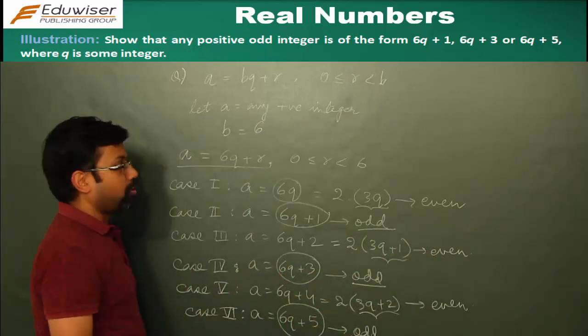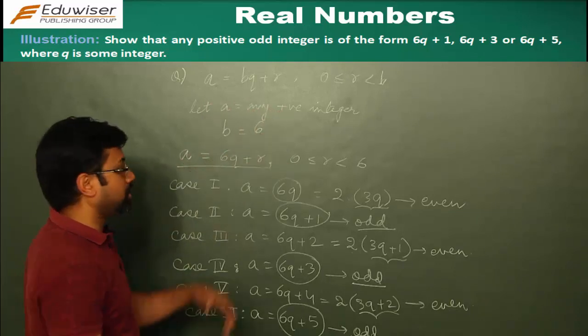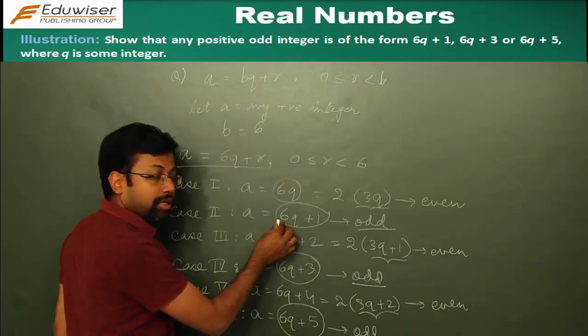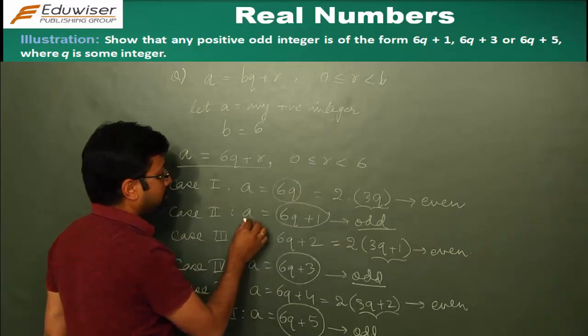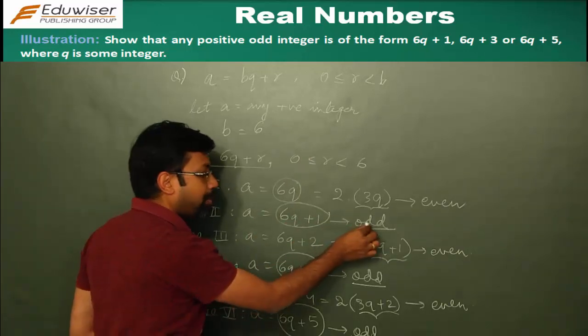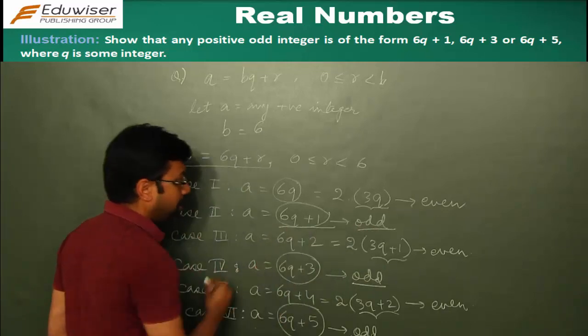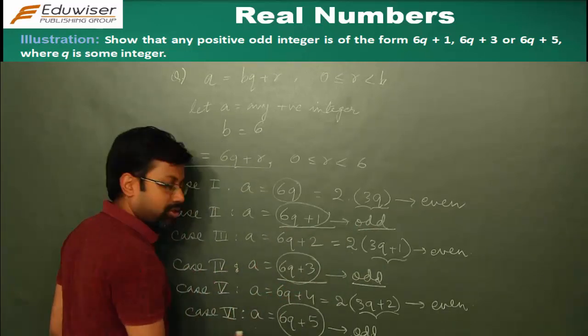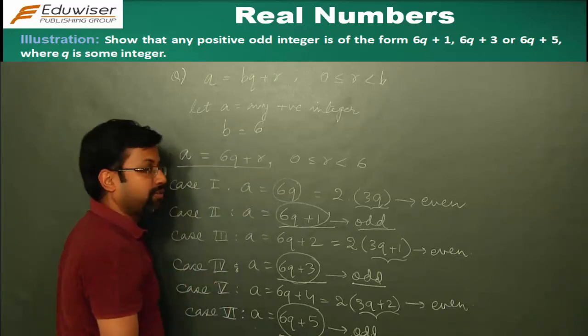So what do we figure out? We figure out that for these 3 cases, a will always be odd. So any odd positive integer can be written in the form 6q plus 1, 6q plus 3, 6q plus 5.